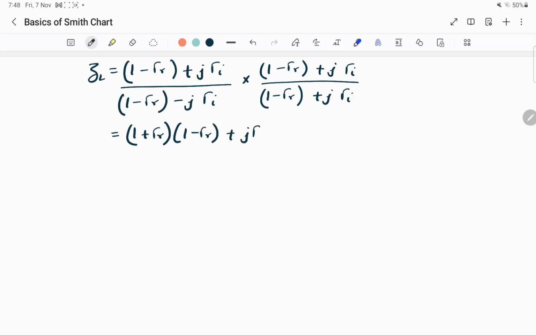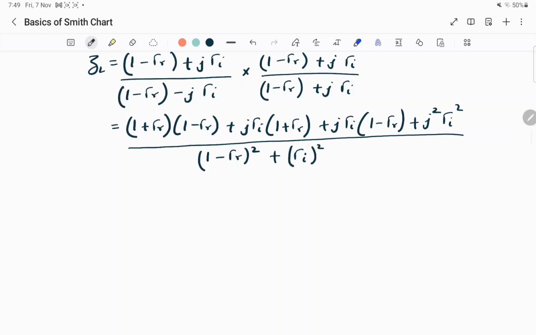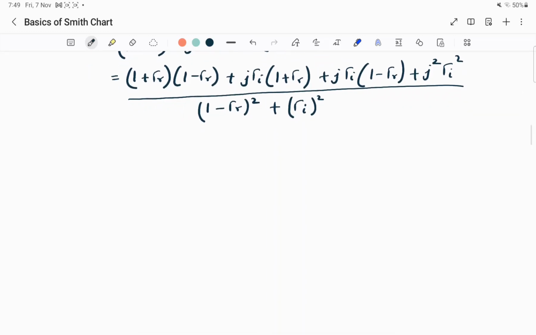plus jΓI times (1 + Γr) plus jΓI times (1 − Γr) plus j squared ΓI squared, whole divided by (1 − Γr) whole squared plus ΓI whole squared. Alright, okay.